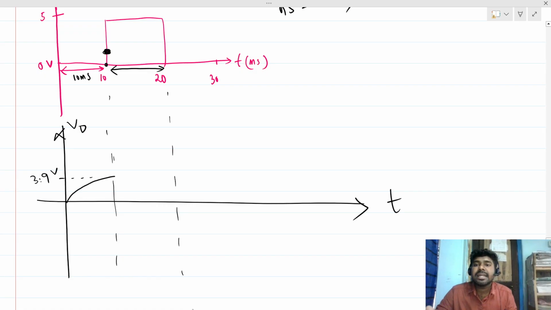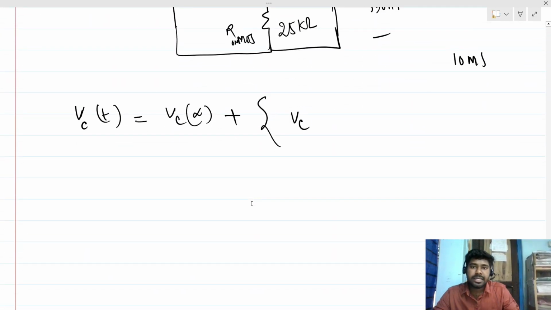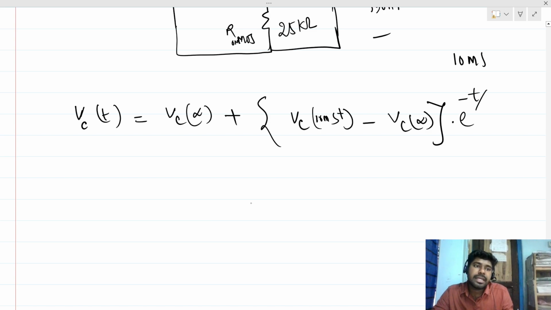So our initial condition becomes 10 millisecond for this time duration. So this will be Vc(10 ms) minus Vc(infinity), times e power minus t by tau. This is always valid for exponential charging of a capacitor.